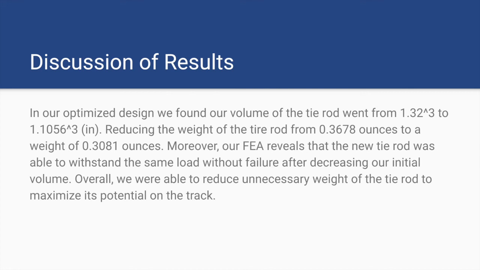In finite element analysis, the new tie rod withstood the same load without failure. Overall, we were successful because we shed a little bit of weight from the tie rod.